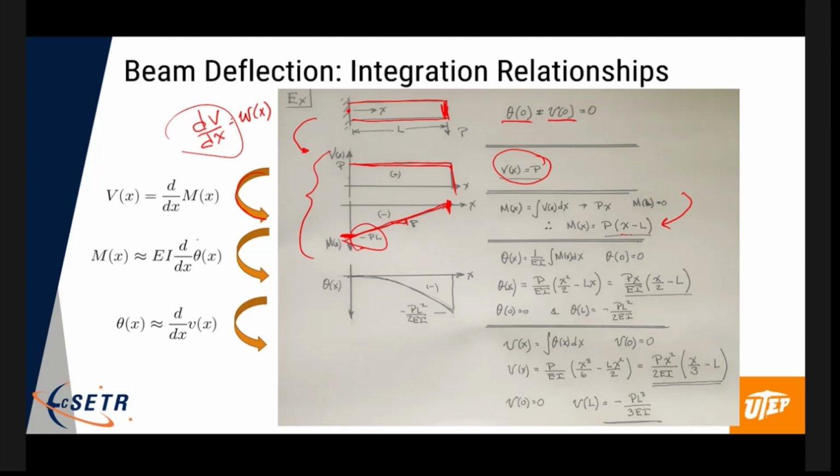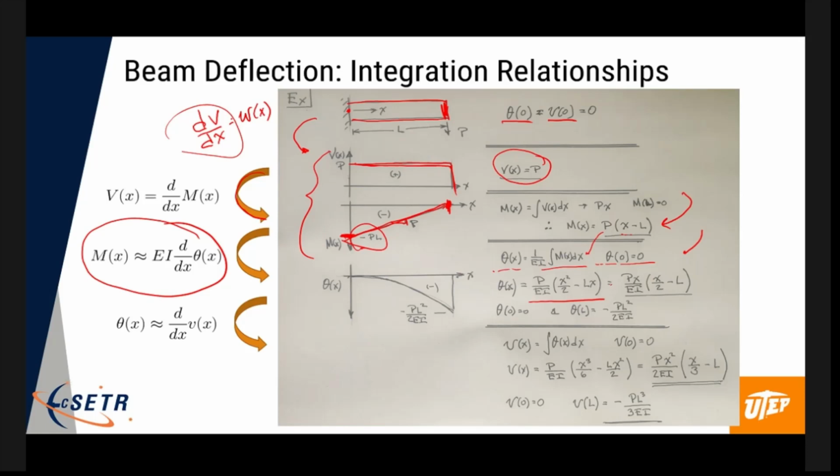All right, so now we're going to do that again, but we have to divide by EI, right? So basically, that's what's going on here. So the slope is, we integrate and then divide by EI, right? And we know that at X equal to 0, the slope is 0. So if we do this integral, knowing that the moment is P times X minus L, take the antiderivative, you're going to get that relationship, right?